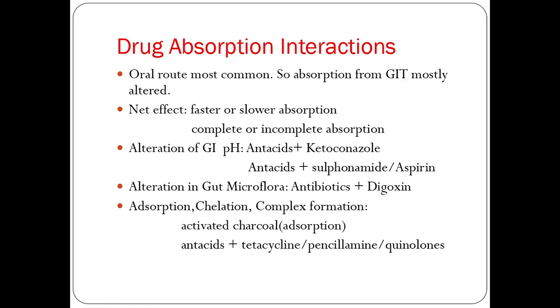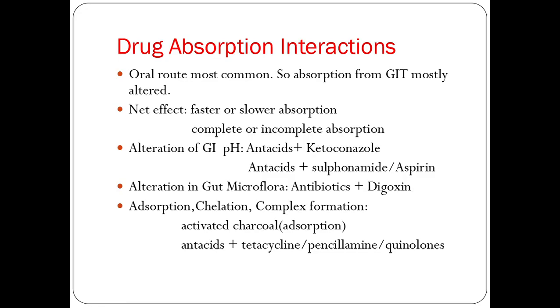Then drug absorption interactions. The oral route is most common, so absorption from the gastrointestinal tract is mostly altered. The net effect is faster or slower absorption, complete or incomplete absorption. Then alteration of GI pH, for example, antacids plus ketoconazole, antacids plus sulfonamide or aspirin.